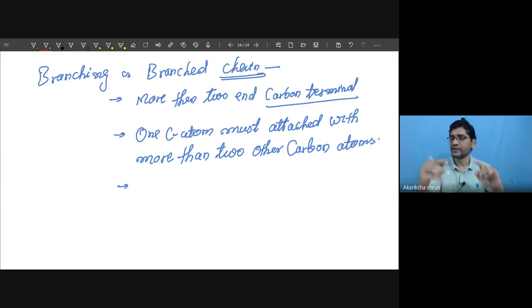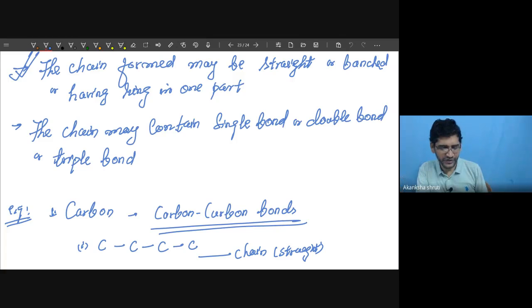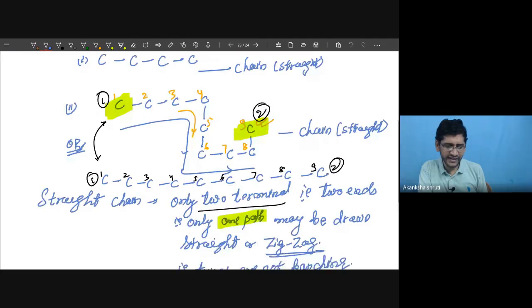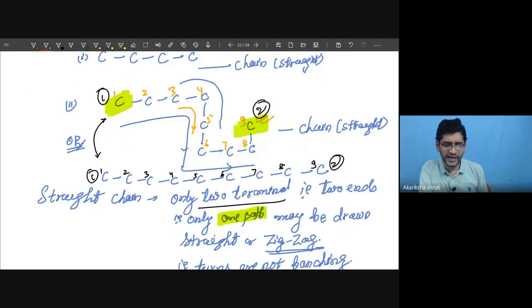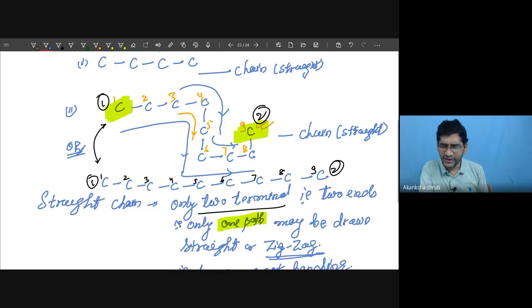In other terms, at a point I have 2 different paths. See, in the second one, we were taking the turn at carbon 4, then again the turn at carbon 6, but it was not giving branching because only one path means moving ahead, only the same path we need to follow.